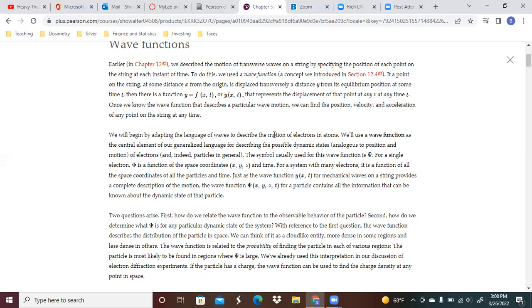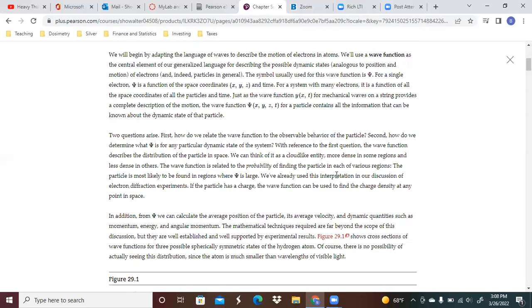The symbol used for this is going to be psi. For a single electron, psi is a function of the spatial coordinates as well as time. And for a system with many electrons, it's a function of all the space coordinates of all the particles and time.